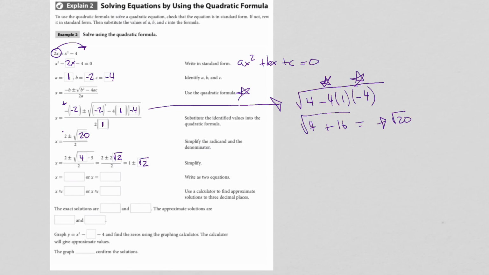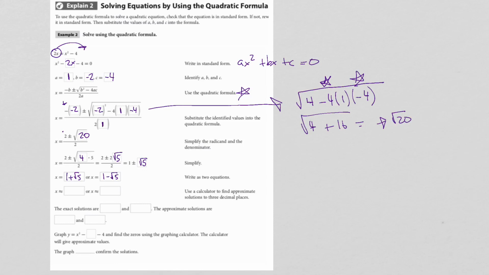And then, of course, we have to figure out, well, x is either 1 plus the square root of 2. Oh, and I messed it up. It's not square root of 2. Let me undo some stuff. It's actually 2 times the square root of 5. So this is 1 plus the square root of 5, or 1 minus the square root of 5.